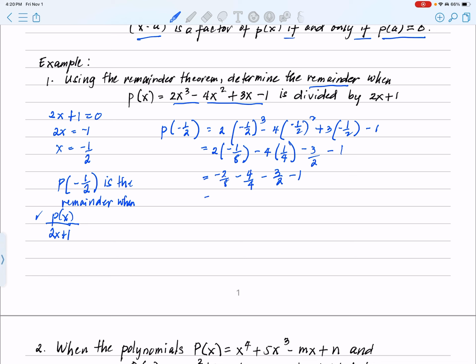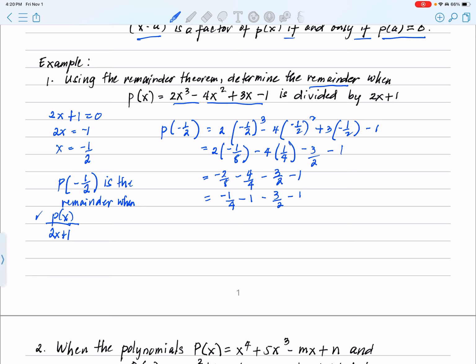Let's simplify more. Negative 2/8 is negative 1/4. Negative 4 over 4, that's negative 1. Minus 3 over 2, minus 1. Alright, there are several ways of simplifying this.